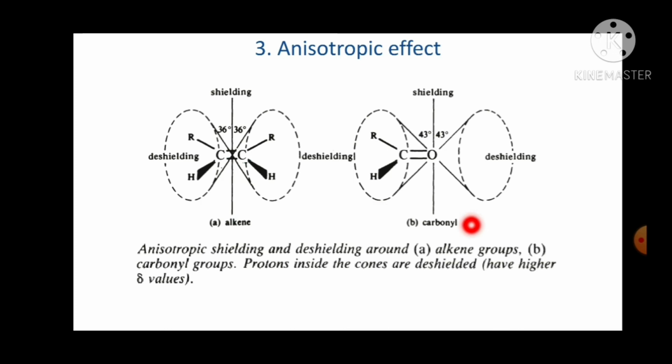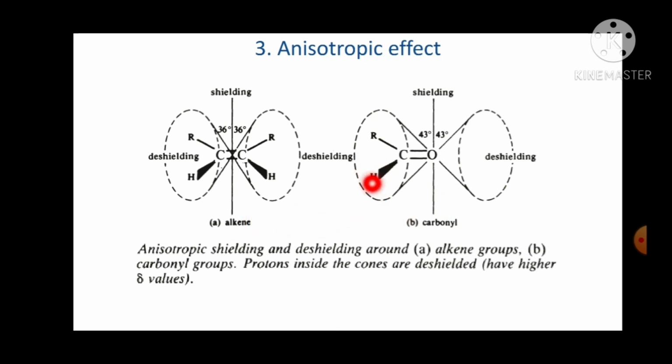Similarly, you can see a carbonyl, which has a wider angle, 43 degrees, compared to 36 here. Because of this wider angle, in a carbonyl C double bond O compound the protons are very close to the periphery. So they are more deshielded compared to the alkene protons, and that's why carbonyl protons appear at a higher delta value than alkene protons.